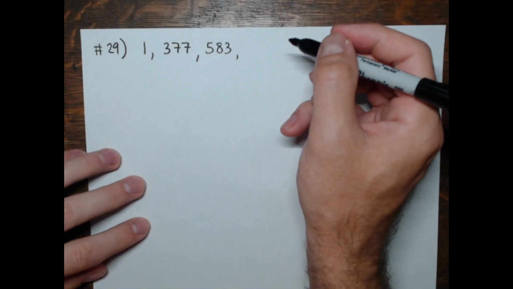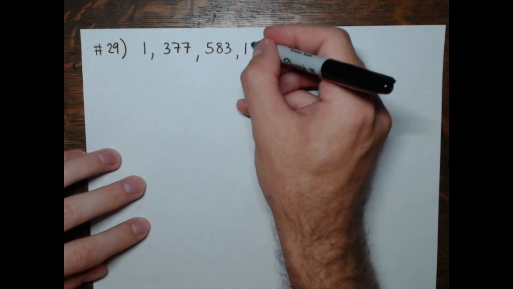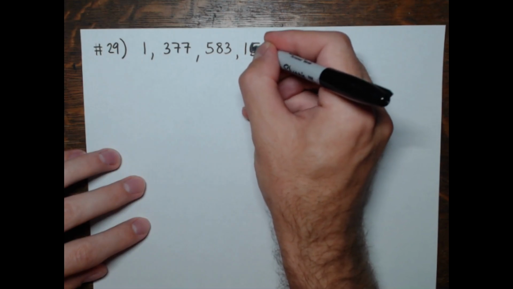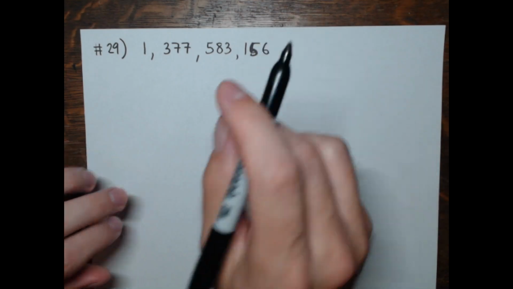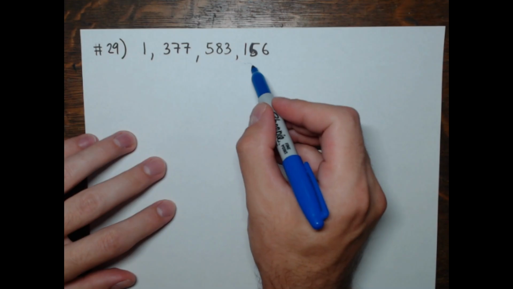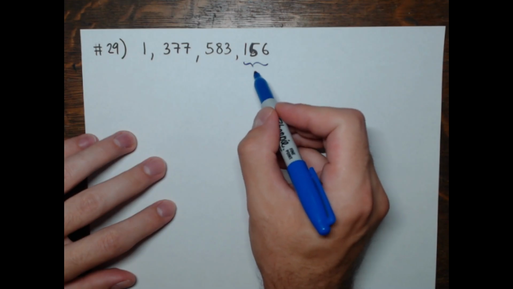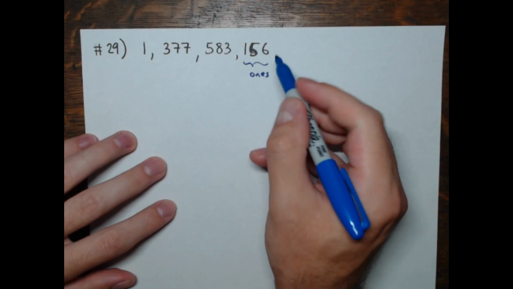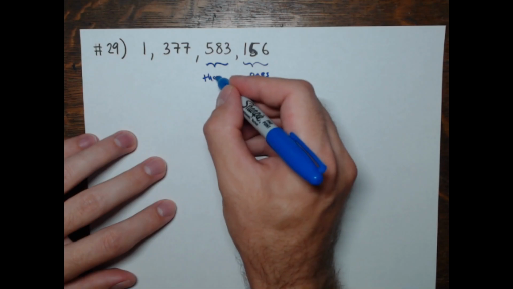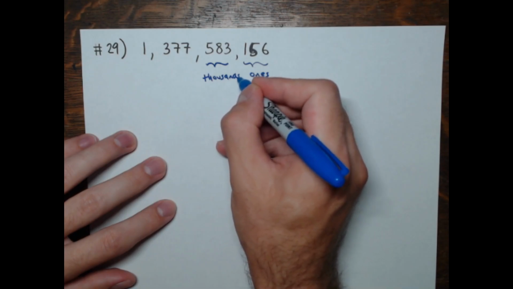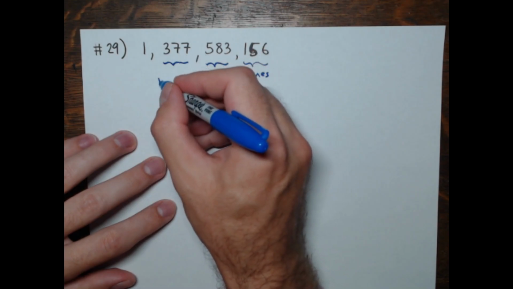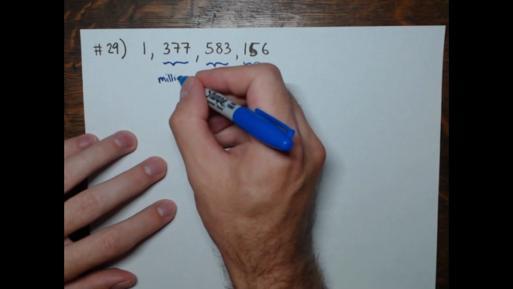583, comma, 156. Oops, sorry, it's a 5, 1, 5, 6. All right. So the periods: far right is the ones period, then this is the thousands period, then the next 3 digits are the millions period.